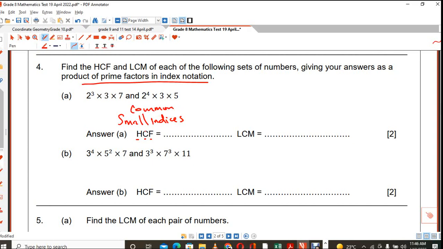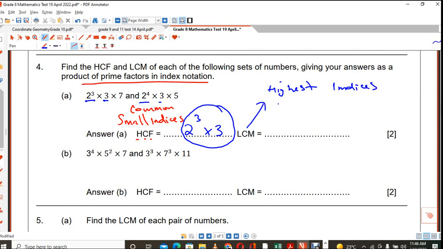This is something you should never forget. So for example, between 2 cubed and 2 raised to the power 4 is 2 cubed. And then 3 and 3 is the only thing in common. So this is the answer I was looking for there. When you look for LCM, you take the one with the highest indices, and you write even things that are not common.